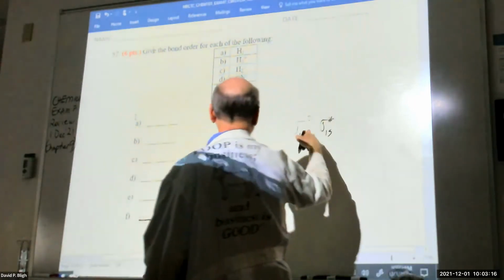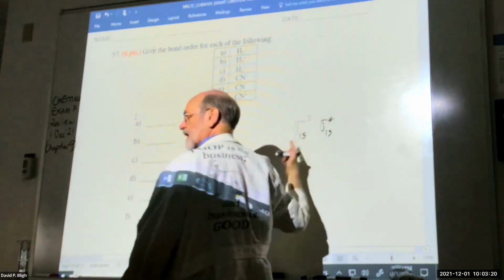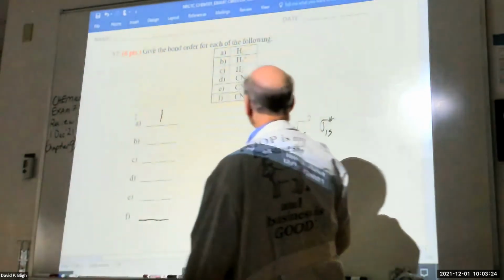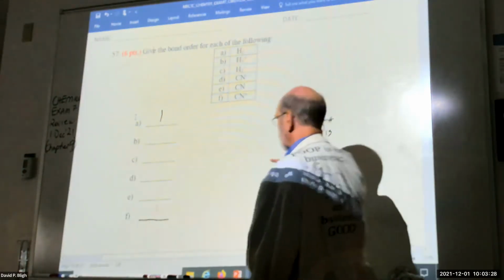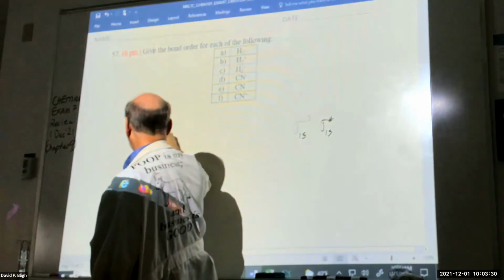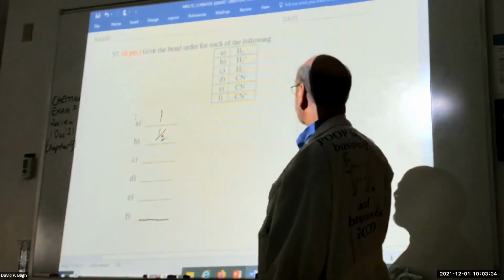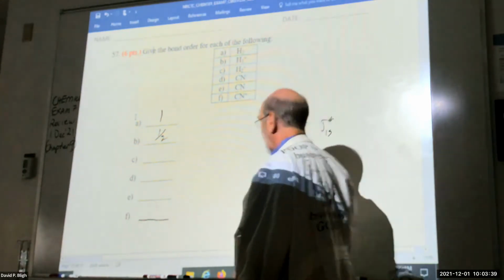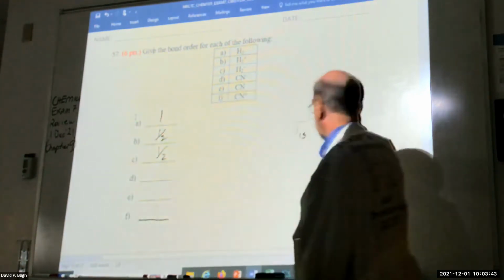So this first one has 2 here. The bond order would be 2 divided by 2, which is 1. Okay, H2 plus. We've lost an electron, so that decreases the bond order by 1/2. Okay, H2 minus. We're going to add 1 over here, and that also decreases by 1/2 because we added it to an anti-bonding orbital.